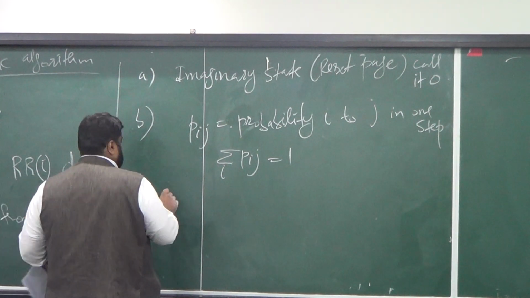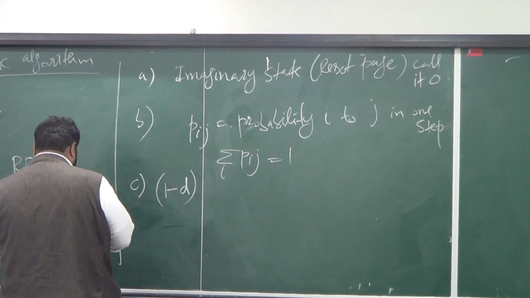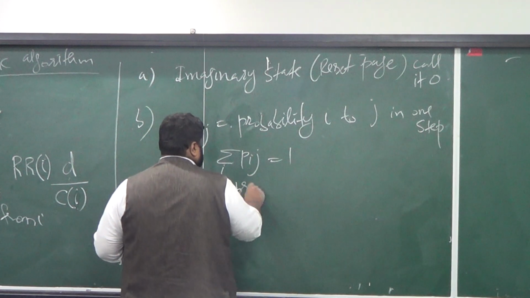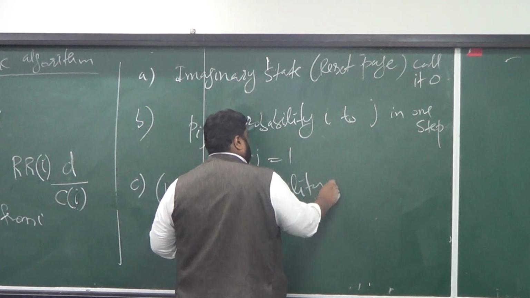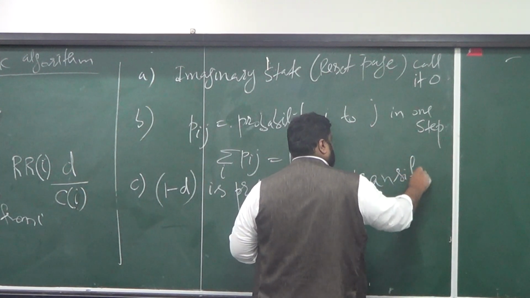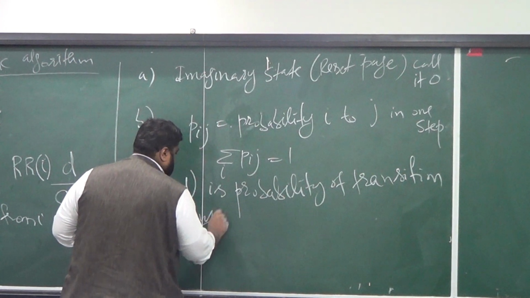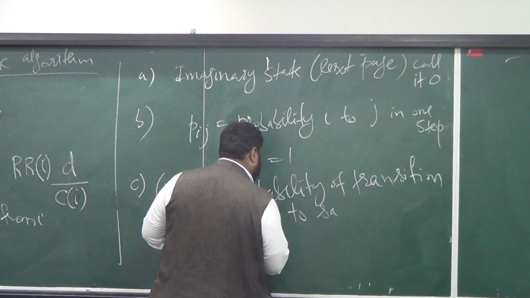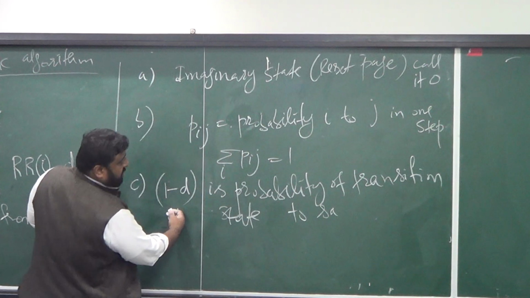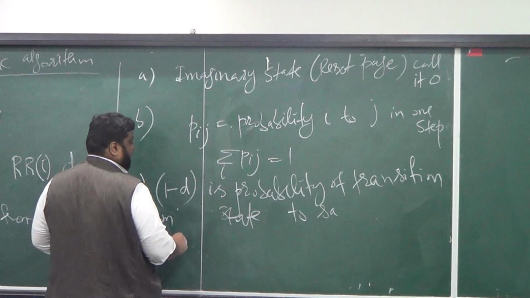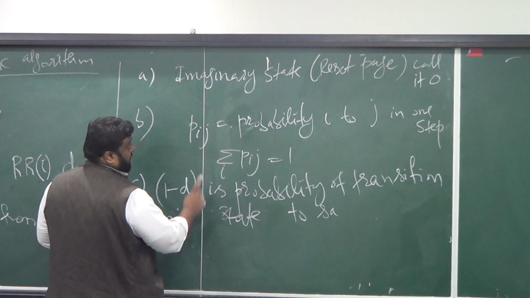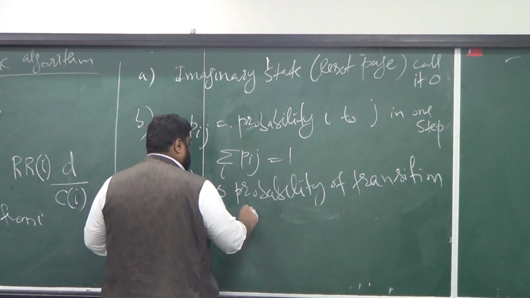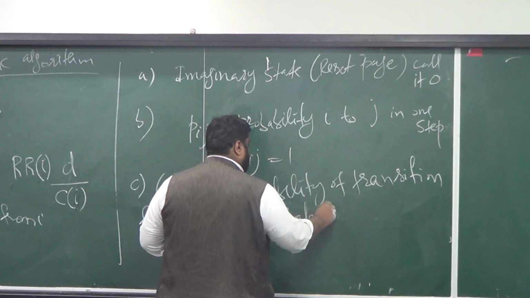So what is 1 minus d representing? 1 minus d is the probability of transitioning from the imaginary state 0 to any state i.